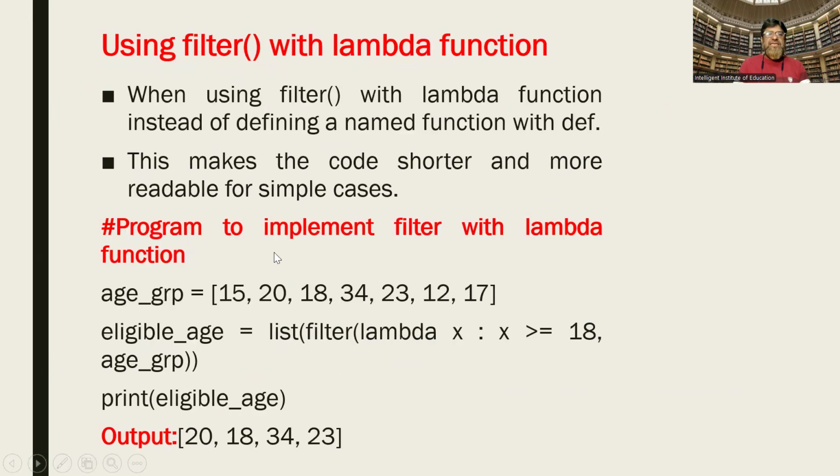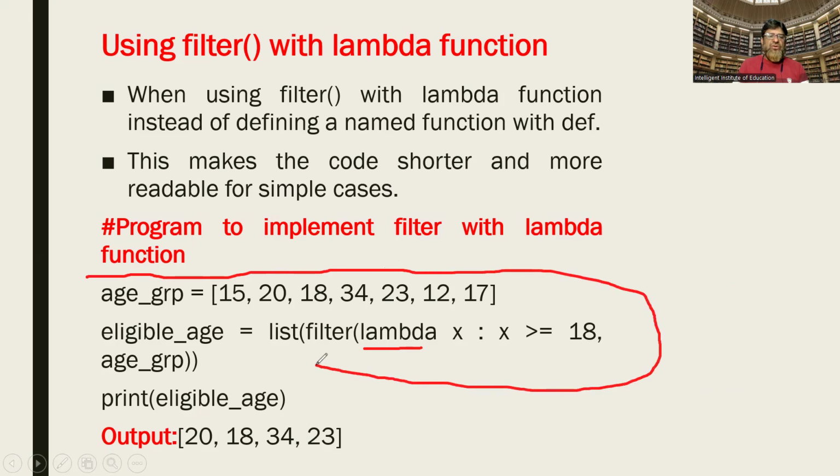The concept is basically what we have to understand. Okay. Now with filter, we can use a lambda function. It means that we don't have to create any function explicitly. Now in this program, we don't have any explicit function. With the help of this lambda, it behaves as a function, and this is the condition, and this is the data.